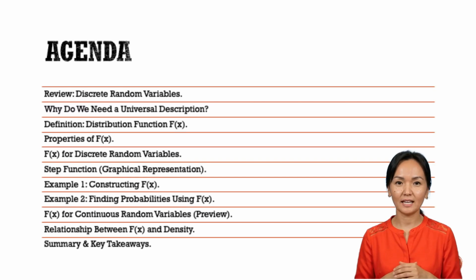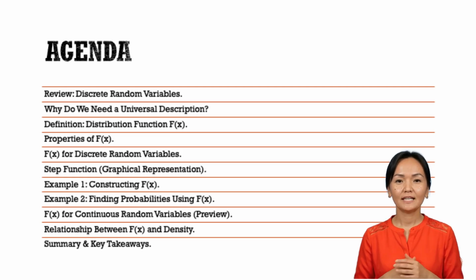Here's our plan for today. We'll begin with a brief review of discrete random variables and understand why we need a more universal description. Then we'll define the distribution function F(x) and examine its four essential properties. We'll see how F(x) works for discrete random variables and look at its graphical representation as a step function.